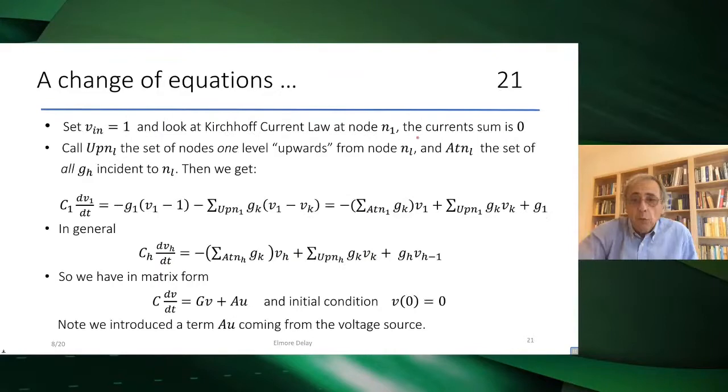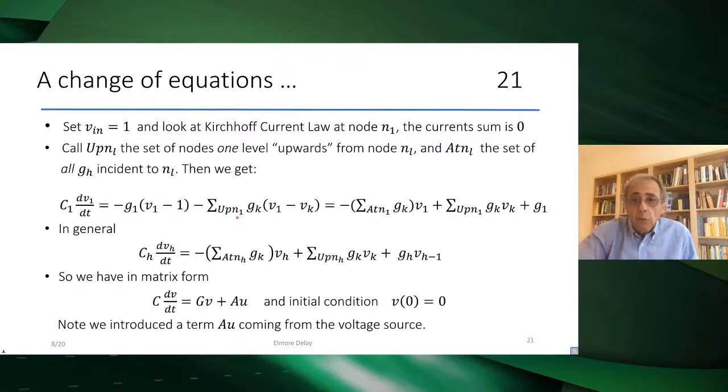So the current at every node, the sum of the currents has to be 0. And we start looking at that. We look at, for example, the first node, we have the different currents, the current from the capacitor, the current due to the difference of the voltages times the conductance.